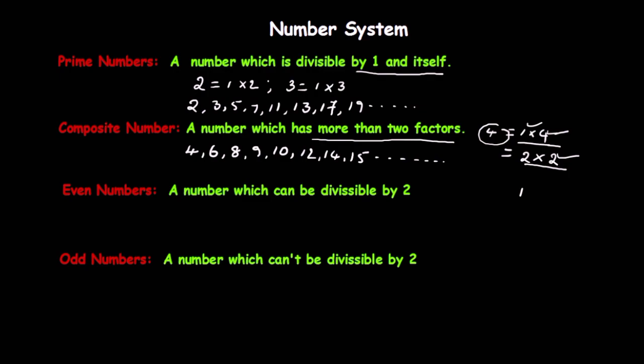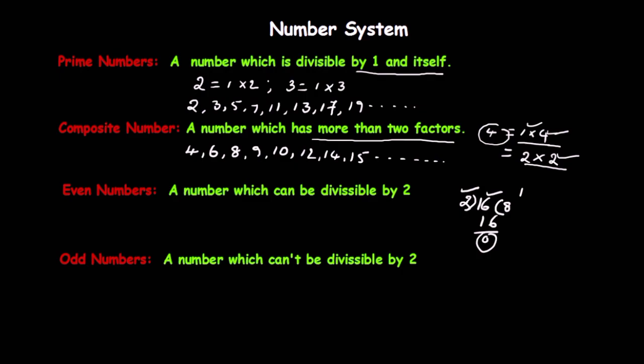And the next set is even numbers. What are even numbers? A number which can be divisible by 2. For example, I am taking a number like 16. Is 16 divisible by 2? Yes, we write it: 2 8s are 16. Remainder, we got 0. That means this 16 is exactly divisible by 2. So 16 is called an even number.